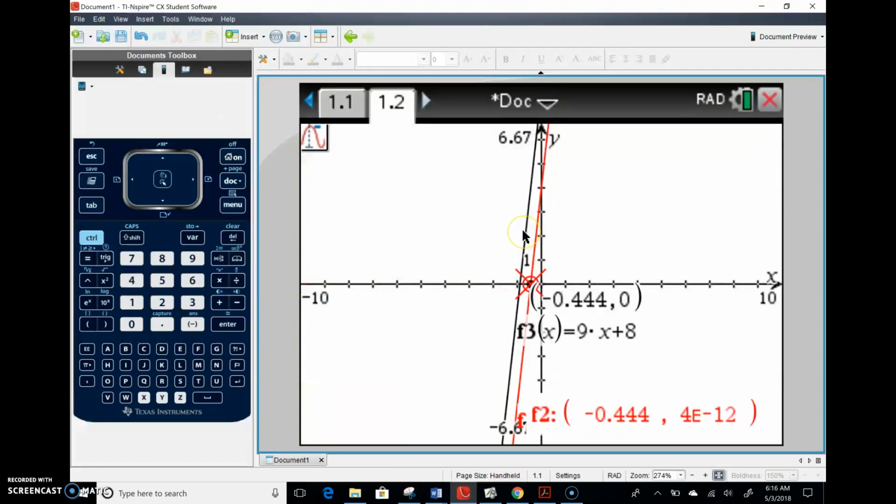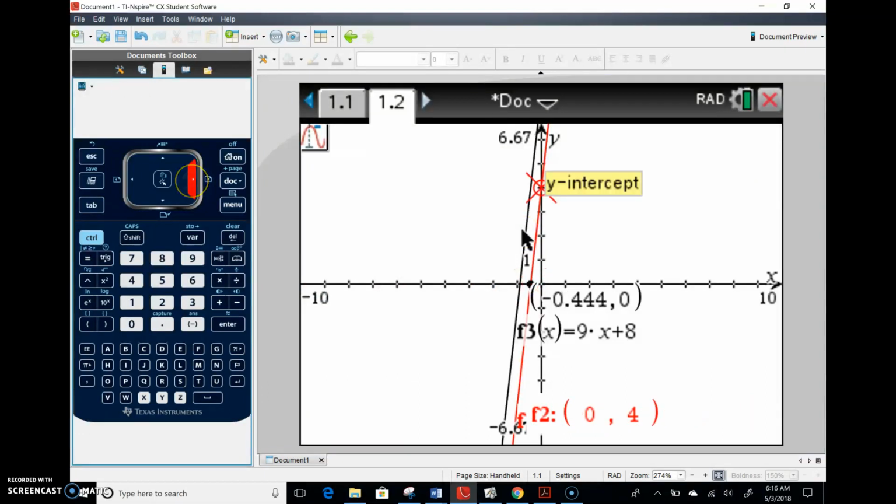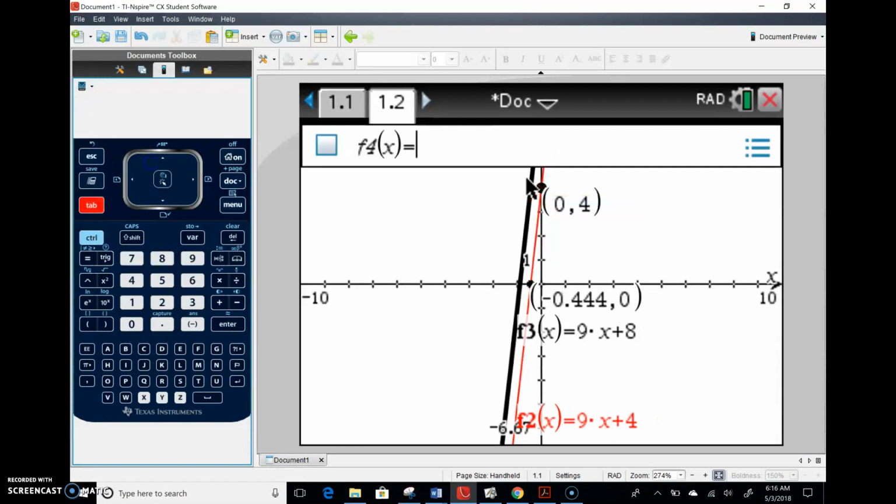Menu, trace, graph trace. You see that's 1, 2, 3, 4. Now I can't see my other one, so I'm going to tab. That's my first one.